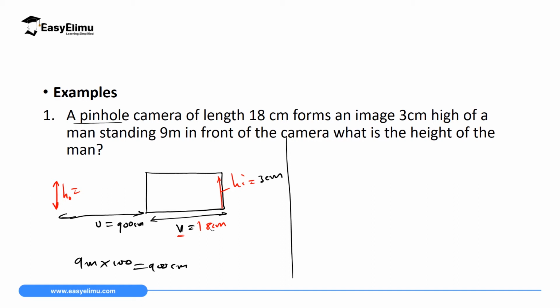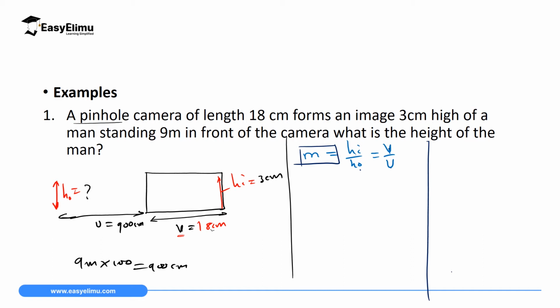Then they are asking, what is the height of the man? Now they need the height of the man who was acting as an object. So in this case, you write our formula for magnification. Magnification is equal to HI over HO, which is the same as V over U. Since we are not interested in magnification, HI over HO is the same as V over U. Do we have HI?